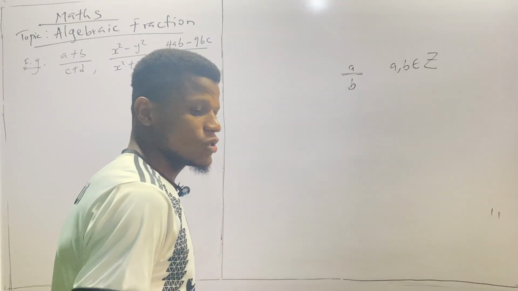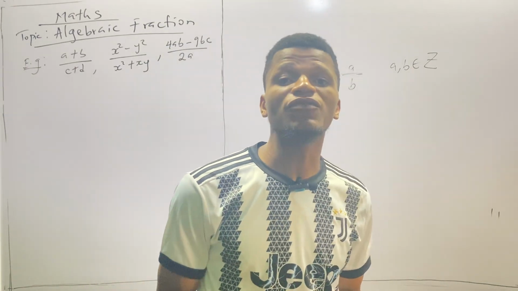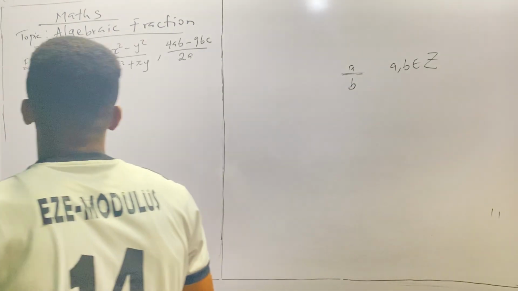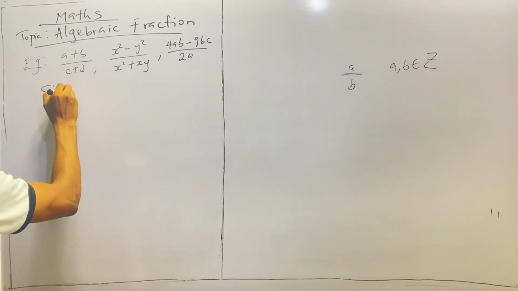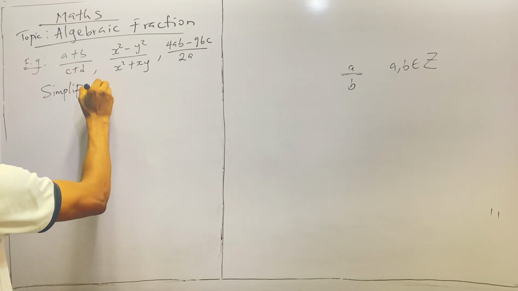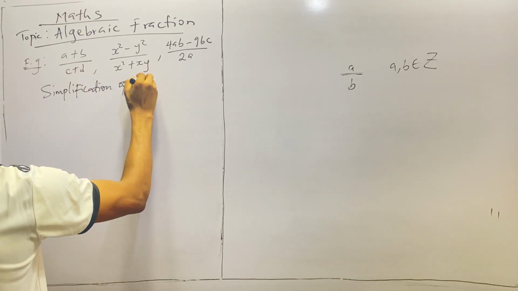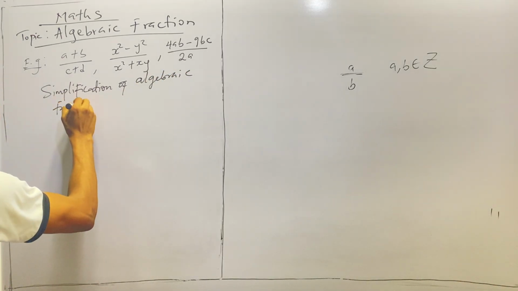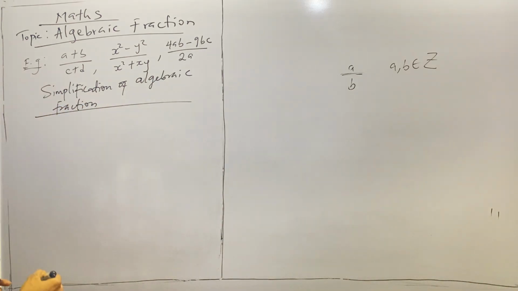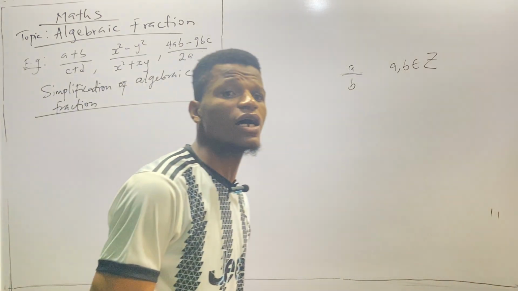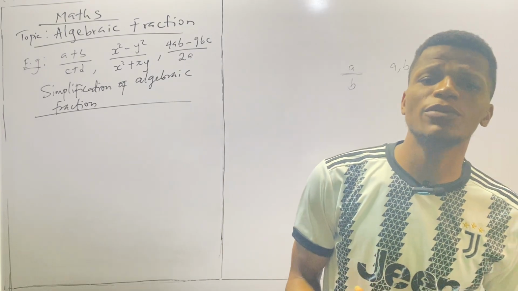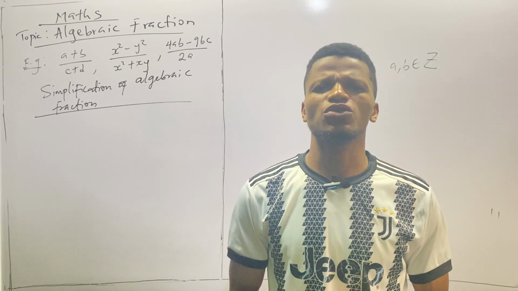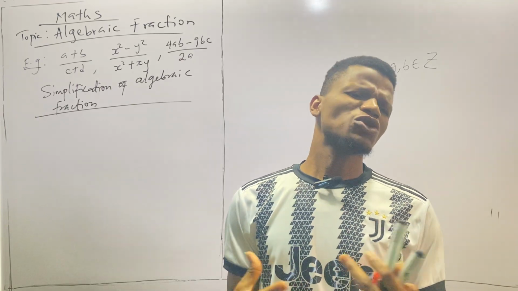All right. So in a moment, we are going to go into simplification of algebraic fractions. One thing in mathematics is that before we begin to solve anything, before we begin to model a solution to any situation, the situation must have been a problem.